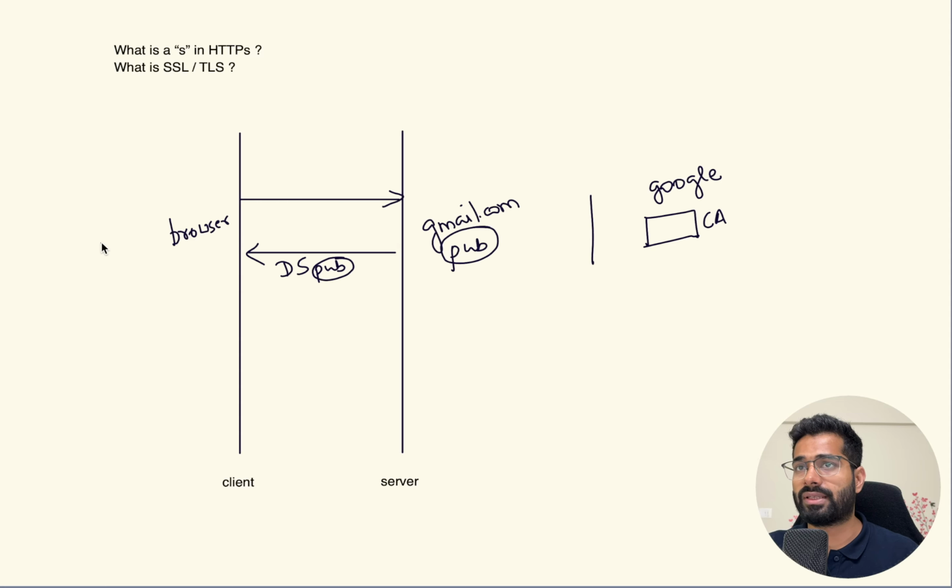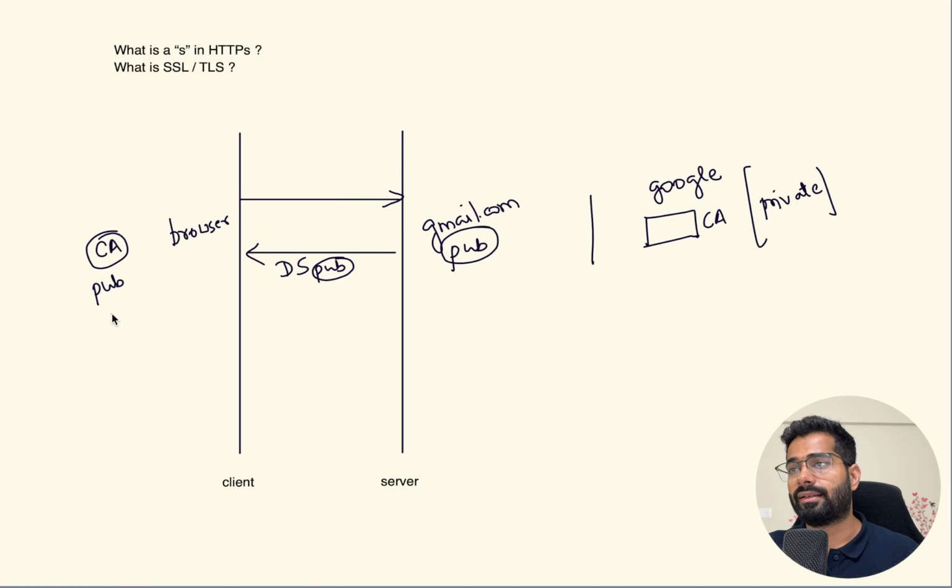Now my browser is shipped with the certificate authority's public key. So my browser authenticates it: since it is digitally signed by the Google certificate authority, the private key of Google would have been used to sign this particular public key.